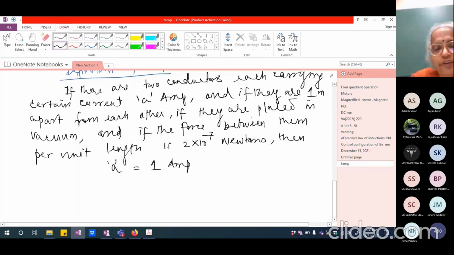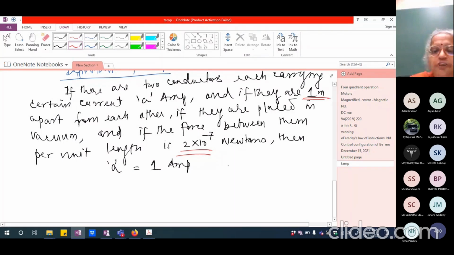So the ampere is defined as that much of current carried by each of the conductors if the two conductors are placed in free space and 1 meter apart from each other, and if they experience a force of 2 multiplied by 10 power minus 7 newtons. This is basically the definition of ampere as the unit of current.